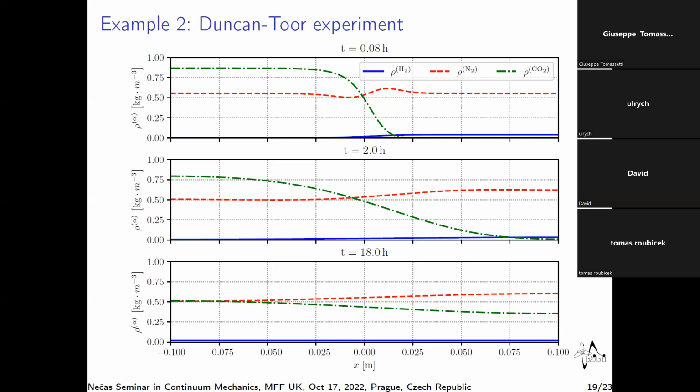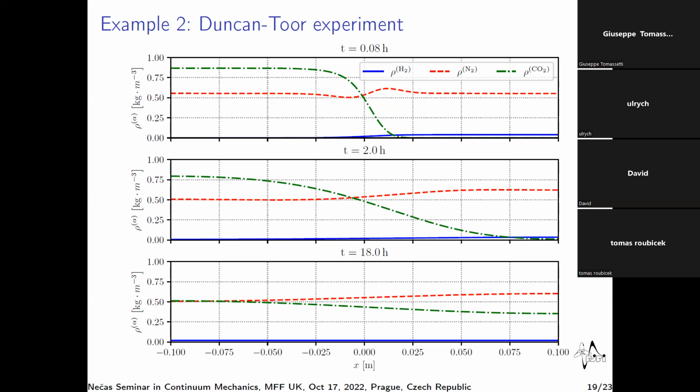Hydrogen is spreading to the left a little bit. This is not clearly visible, but we can see that N2, nitrogen, which was flat in the beginning, starts moving because of hydrogen and CO2. And at infinite time, the system obviously tends to the equilibrium position.